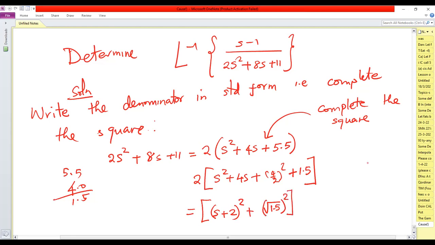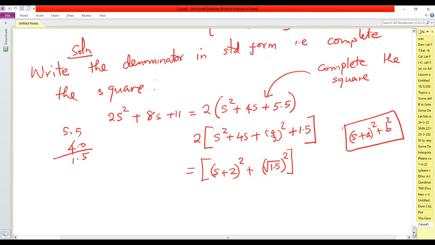My interest is just to have the expression of the form (s plus a) squared plus b squared. That's why I'm writing 1.5 as the square root of 1.5 squared.